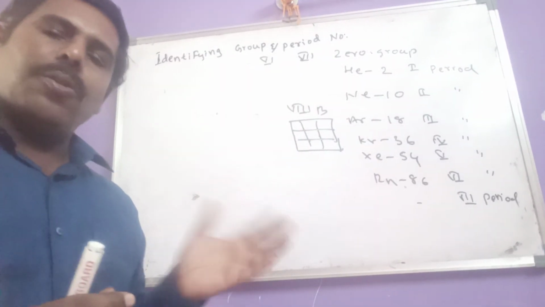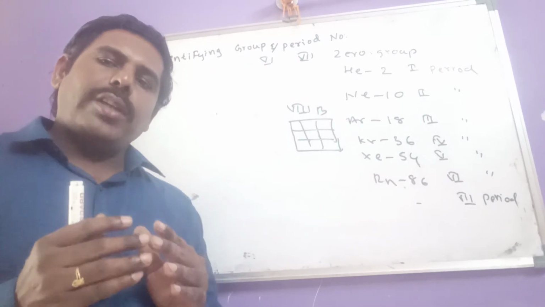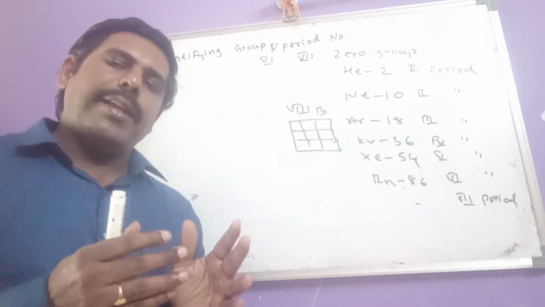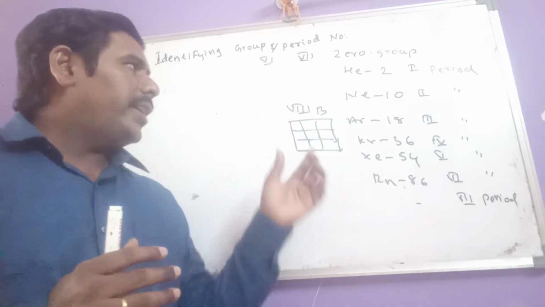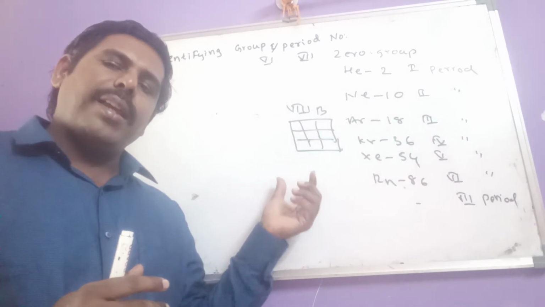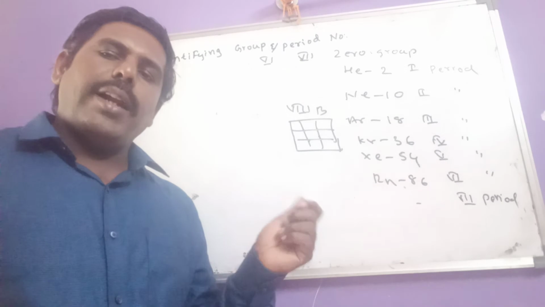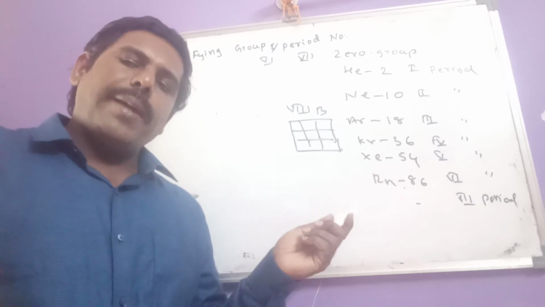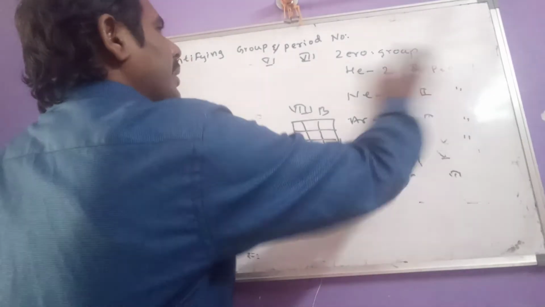Not only iron, cobalt, nickel, but also ruthenium, rhodium, palladium, osmium, iridium, platinum. For all these elements, the group number answer is 8th B group only. So these are the methods to identify the group number and period number of elements in a periodic table.